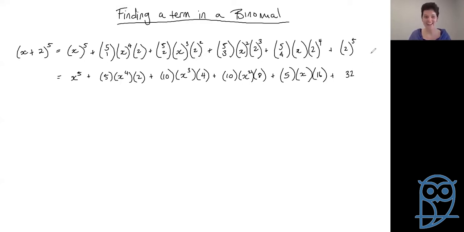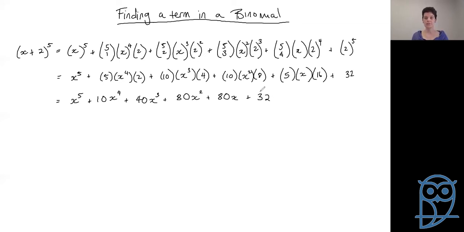Then we go again. x to the 5, 2 times 5 plus 10, x to the 4, 10 times 4 plus 40, x cubed, 10 times 8 plus 80, x squared, plus 5 times 16 plus 80, x plus 32.